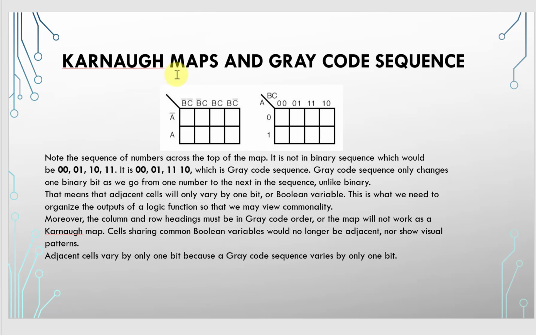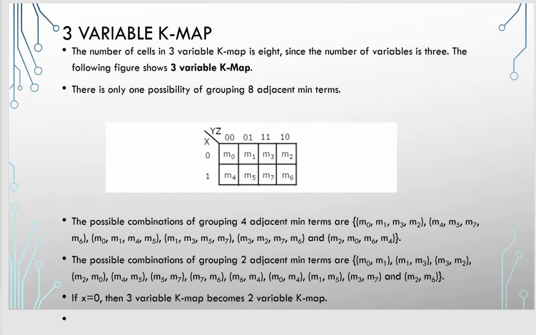Okay, now we will learn what is Karnaugh map and gray code sequence, right? First of all we will study three variables, and then we will jump to this slide again, okay? Now we will study what is a three variable K-map.